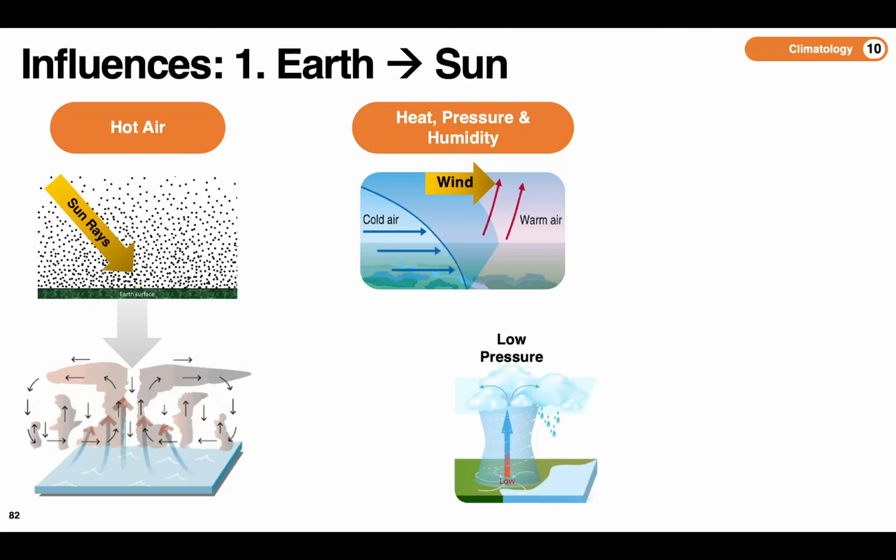So at low pressure, warm air molecules that move faster, like we said, they will create more space between them. And so that space is going to allow water vapor molecules to put themselves in the middle. And so warmer air has more humidity, or has more capacity to contain humidity. Also, warm air rises, and so it's going to take the moisture with it until it goes to a certain altitude where it condenses and forms clouds.